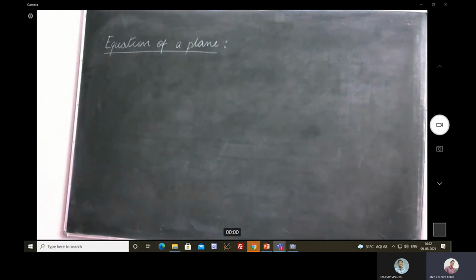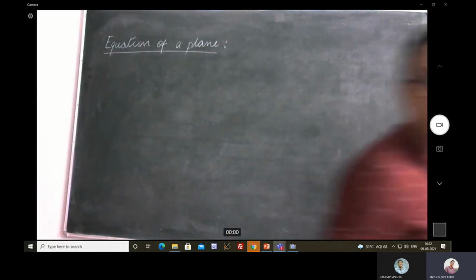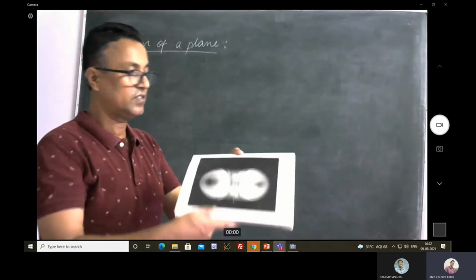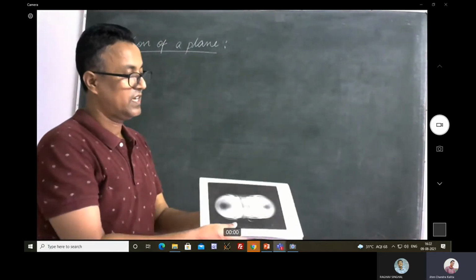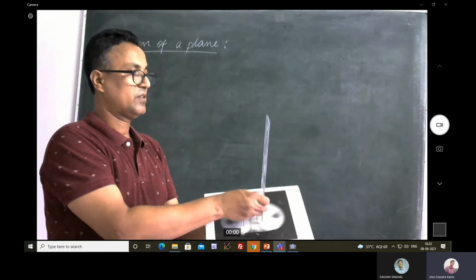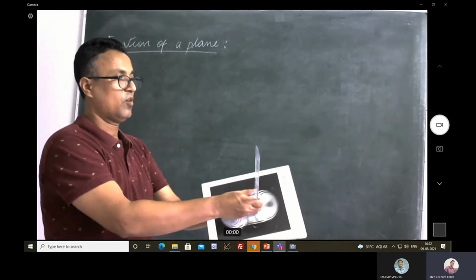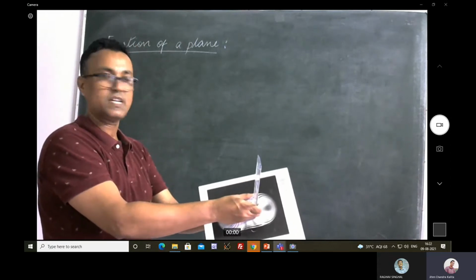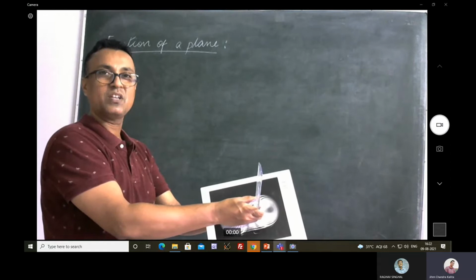So what is done here? Suppose this book is a plane. Then if I consider a normal to the plane, the scale that I'm holding, you may consider it to be a normal.